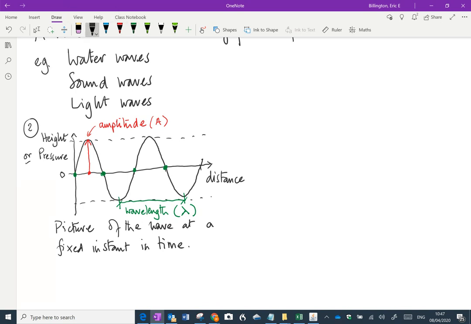But hang on a minute. Didn't we say that actually that was at a fixed instant in time, and actually the wave might be varying with time? So over here, I'm going to draw another picture. On the y-axis, I've got the same thing, height or pressure. And the pressure goes up and down the same amount, so I can draw these two dotted lines in again.